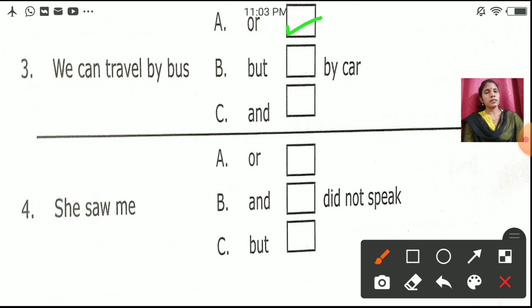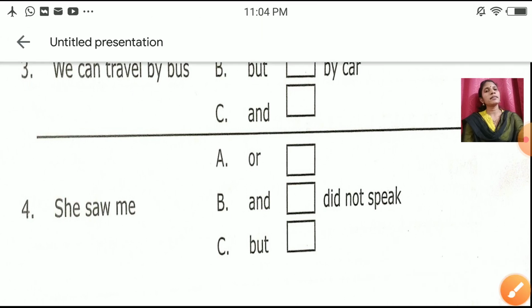She saw me, and on the opposite side what is given? Did not speak. Here the opposite ideas are there: she saw me but did not speak. Got it? So here children we have done with our chapter number 11. So practice, keep on practicing, and thank you children.